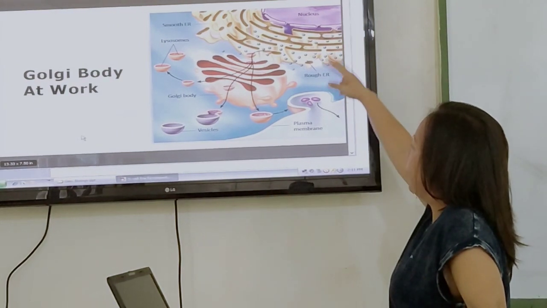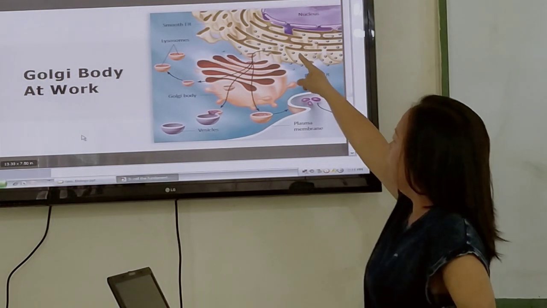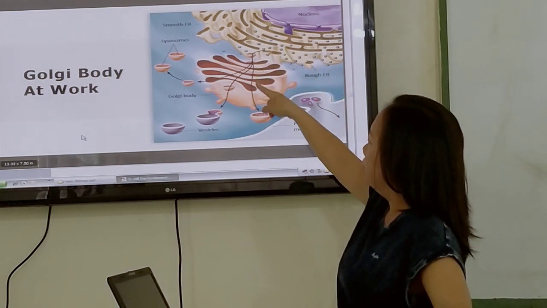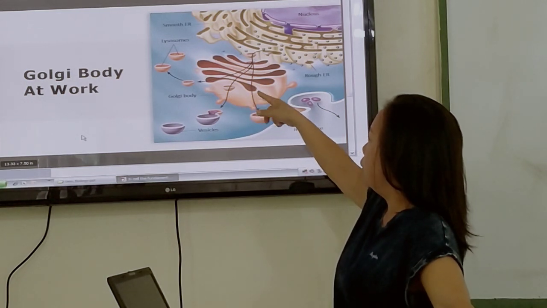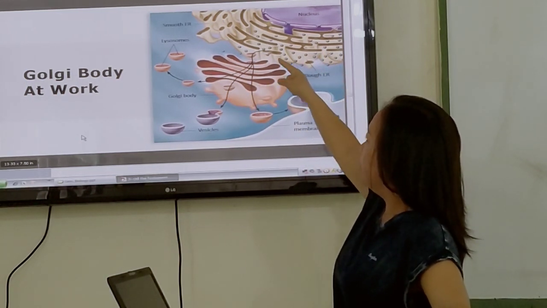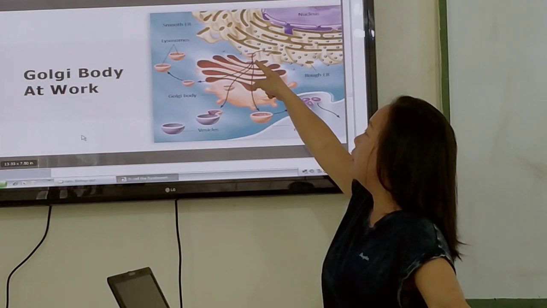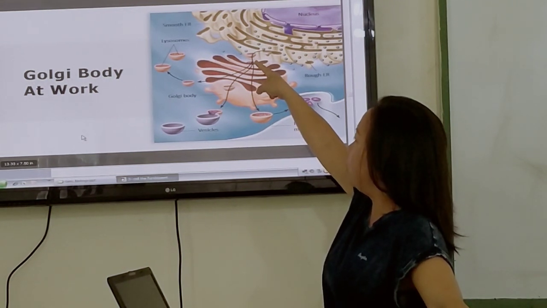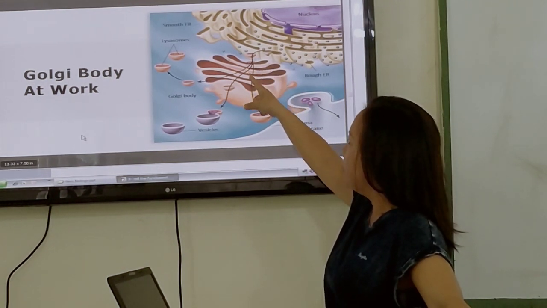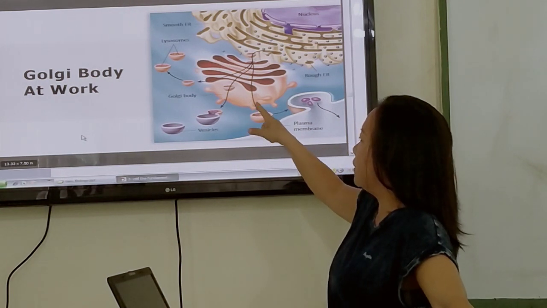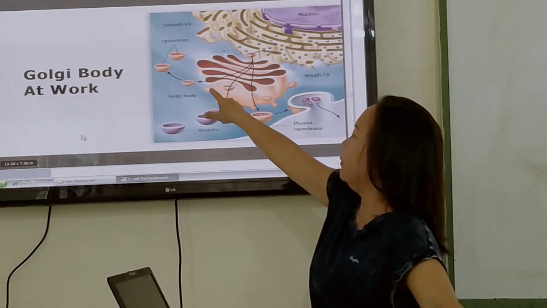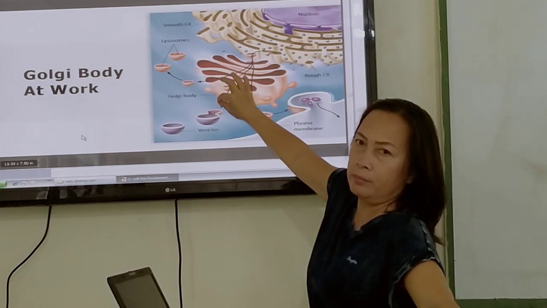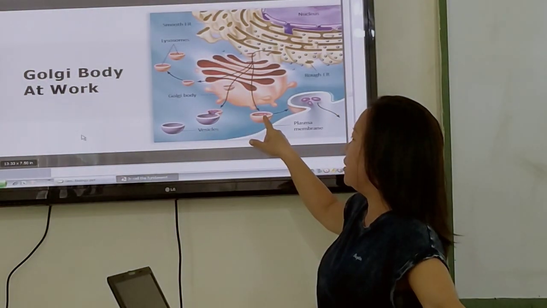That's how it works. So from the rough ER, this is now the direction of the secretory proteins. From the rough ER, it is transported to the cis face of the Golgi, then to the medial face, then to the trans face. Then later on, this portion will be pinched off, and that becomes transport vesicles.